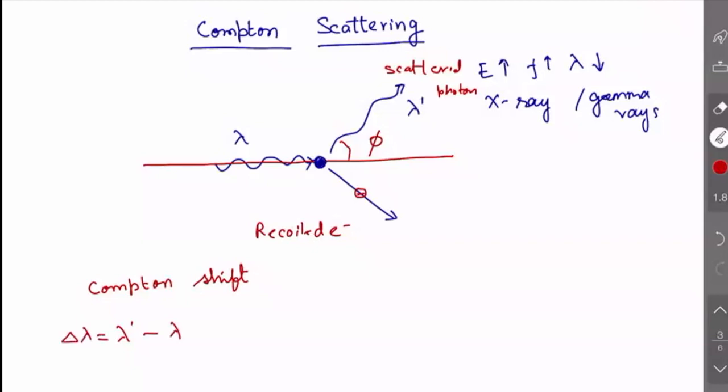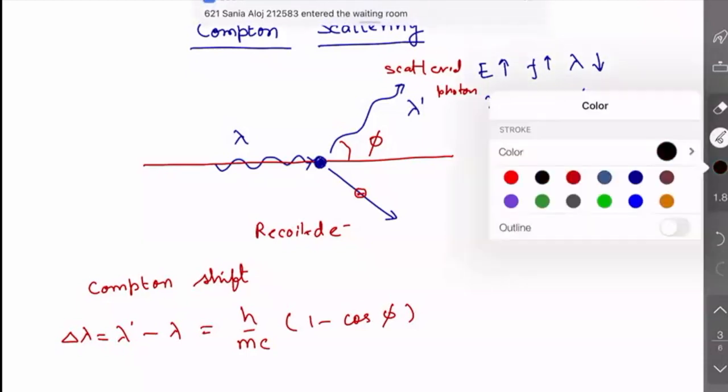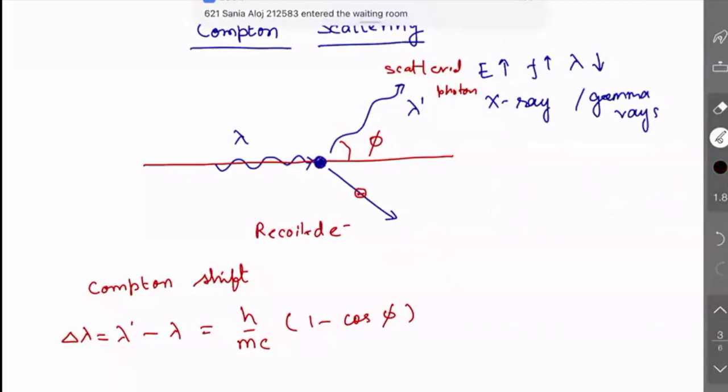This is also called delta lambda, the change in wavelength of the scattered photon after it is scattered from matter, which is given by h upon mc multiplied by 1 minus cos phi, where phi is the angle of the scattered photon. Here h upon mc is a constant term. As long as we are talking about electron scattering, this h upon mc will remain constant.